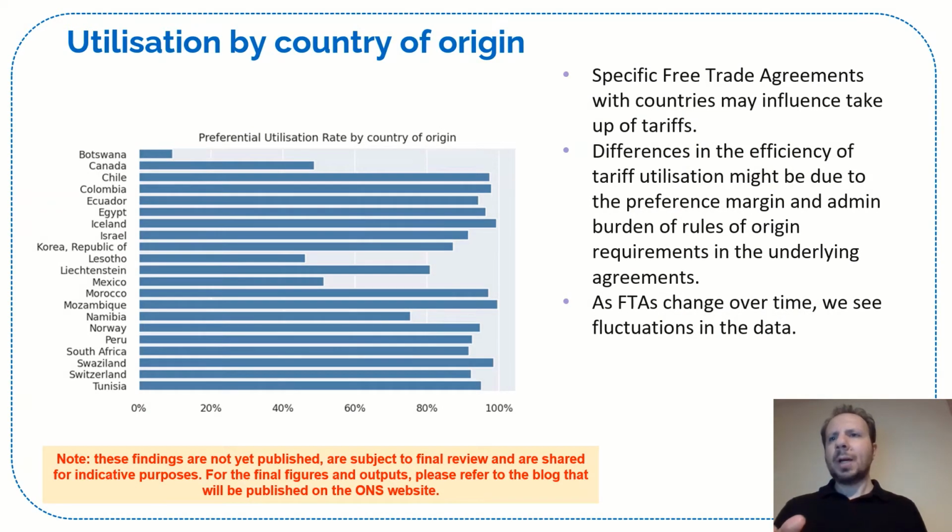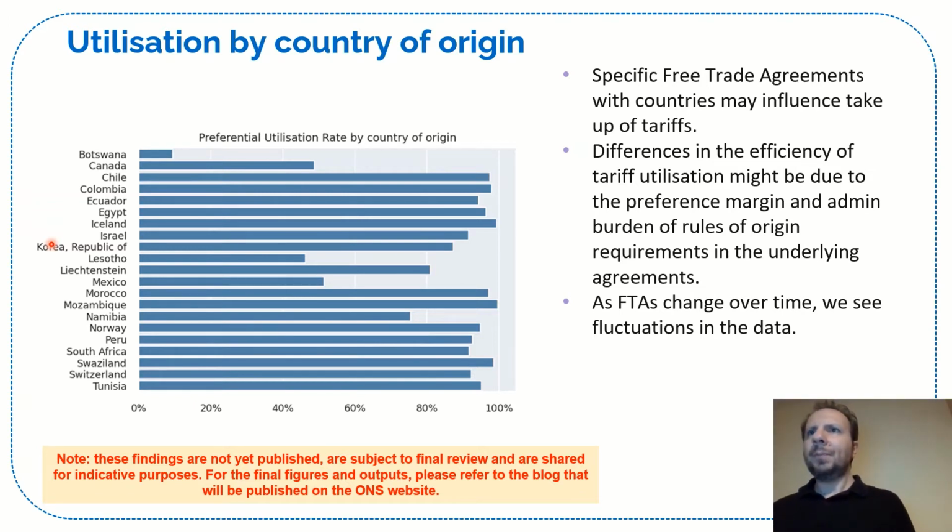We're now looking at utilization by country of origin. Again, we can see here that certain countries stand out with low utilization, such as Botswana, Lesotho, Mexico, but also Canada. In this case, we will try to understand what causes this underutilization.